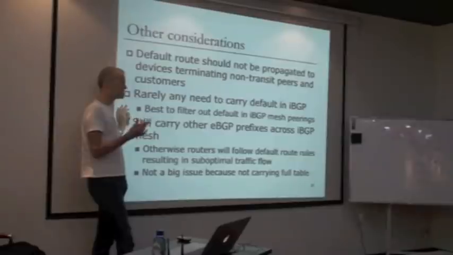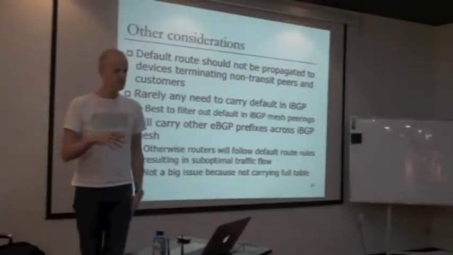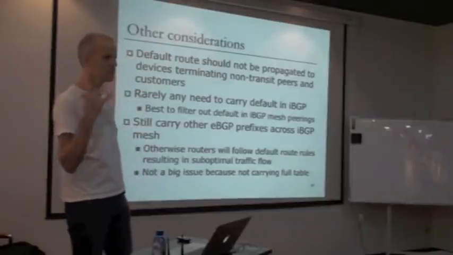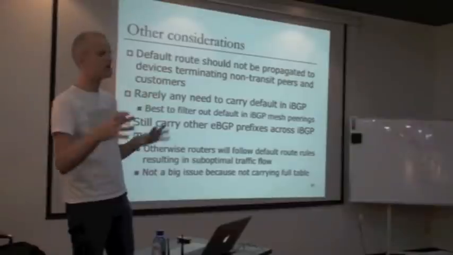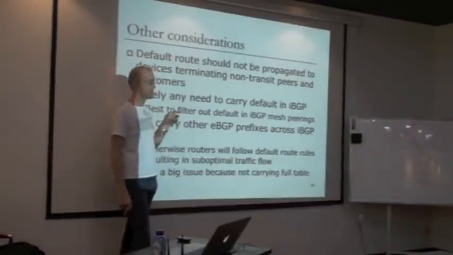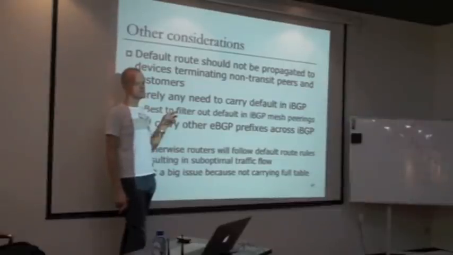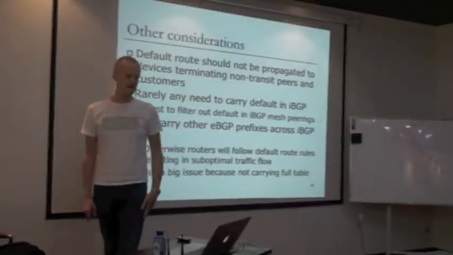I haven't talked about it, but typical ISP design is to have the backbone, like the core routers, full BGP, edge routers, access, just partial BGP. And in the partial BGP, don't send your default. Don't send it. Use OSPF, ISIS to carry the default around. It's much faster.